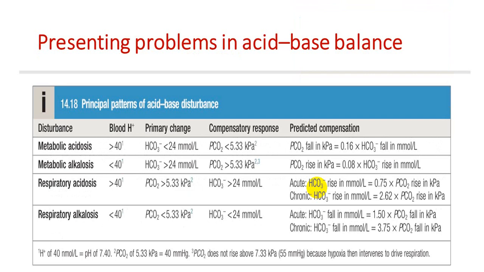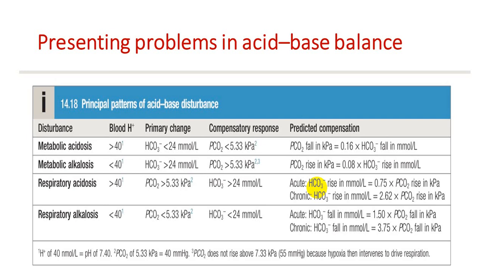So presenting problems in acid-base balance disturbance: in metabolic acidosis, blood hydrogen ion concentration is more than 40, but in respiratory alkalosis it is less than 40, and metabolic alkalosis less than 40, and respiratory acidosis it is more than 40.